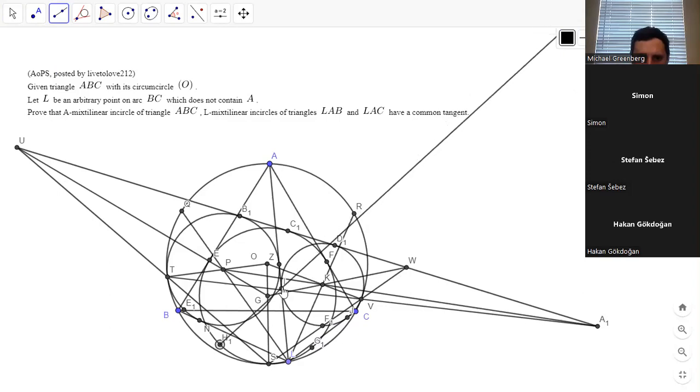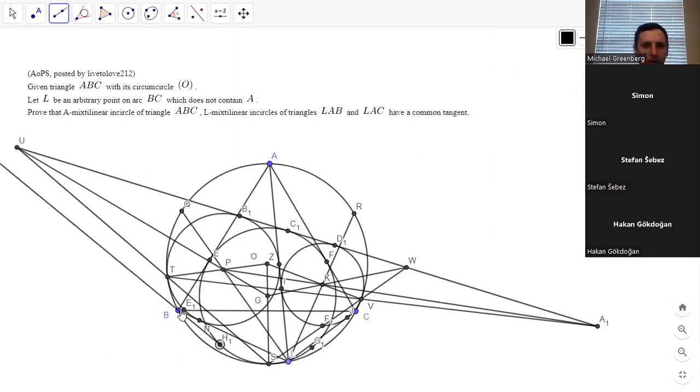I don't see much that's true, other than that those are collinear by definition. All right, I'm going to delete those points.